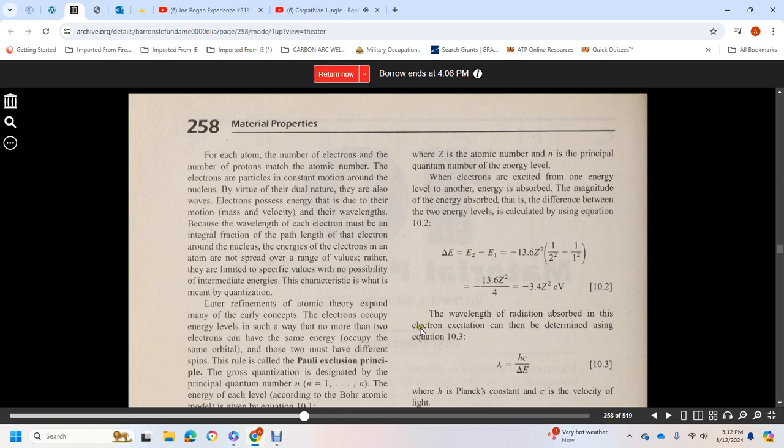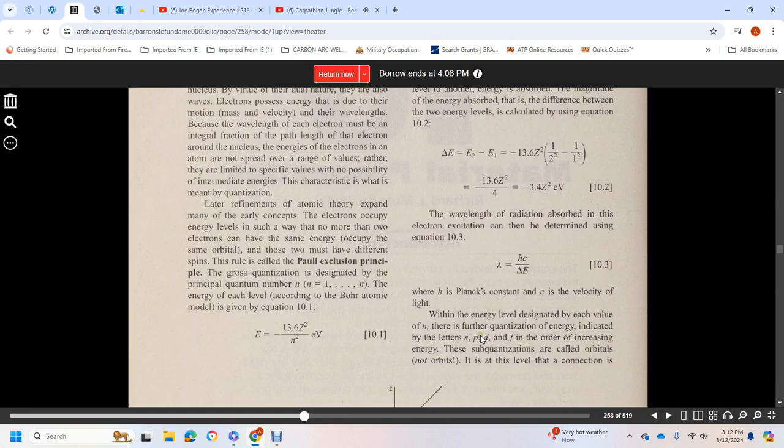The wavelength of radiation absorbed with electronic excitation can then be determined as the wavelength equals Planck's constant times the velocity of light over the energy absorbed. Each energy level designated by a value of n has a further quantization of the energy, indicated by the letters S, P, D, F, in order of increasing energy.